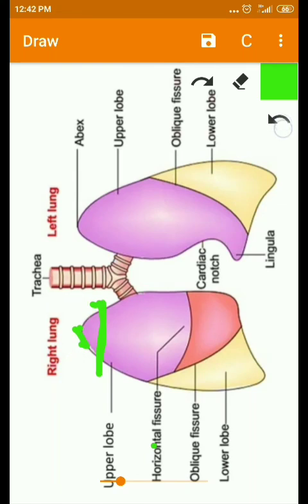Anteriorly it is related to the subclavian artery and the scalenus anterior muscle. And coming to the posterior relations, posteriorly it is related to the first intercostal nerve and also the seventh cervical and first thoracic sympathetic ganglion, and also the superior intercostal artery. And laterally it is related to the scalenus medius muscle.